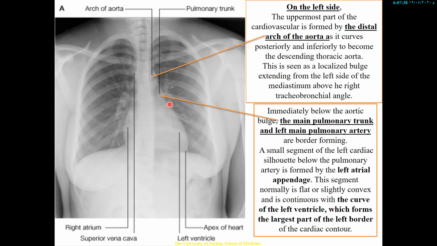As I told you, after the rotation of the heart, the left atrium became posterior. In fact, we did mention that the atrium is nothing but the posterior side of the heart. So this is something we already talked about.